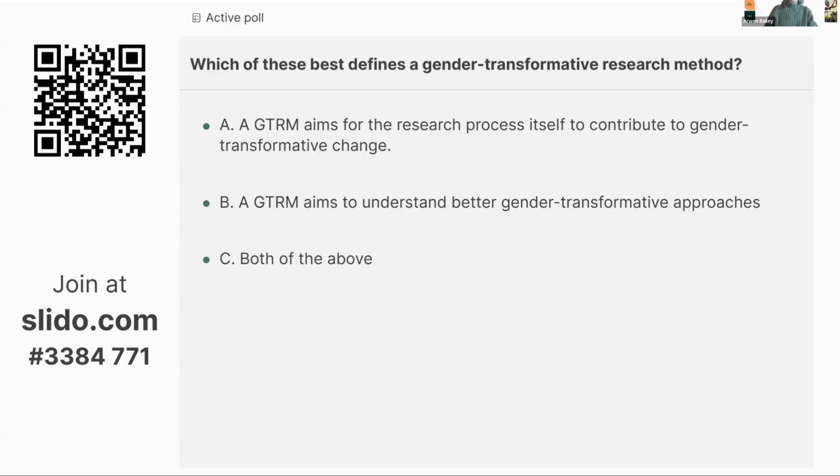So to join this tiny little quiz, you can either go to the QR code and click one of the answers, or you can go to slido.com and put that number 3384771. I see one person's gone in there already. Okay, 4 people in there.